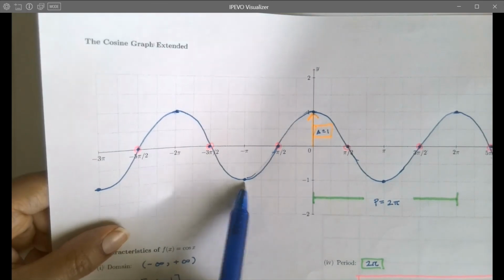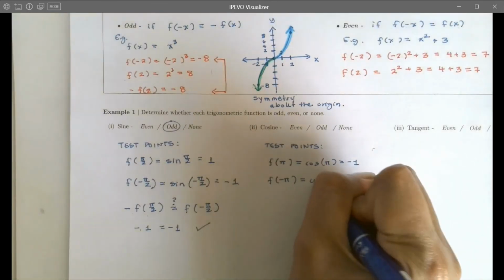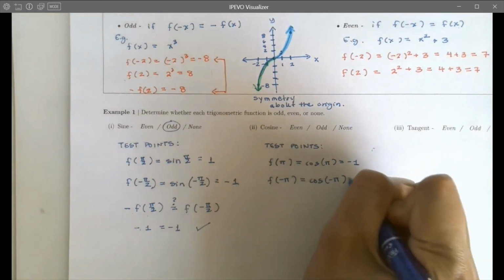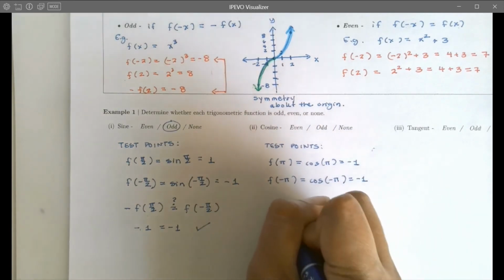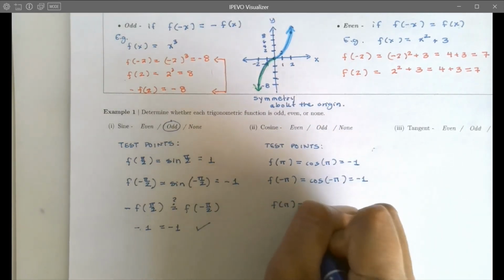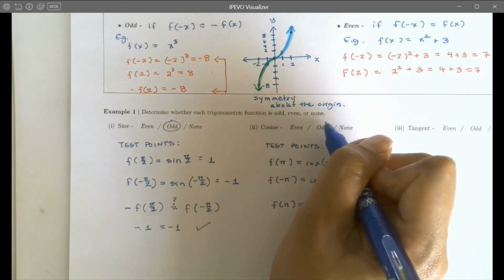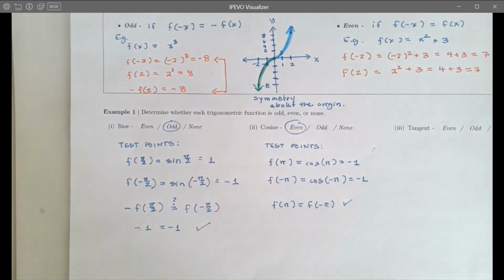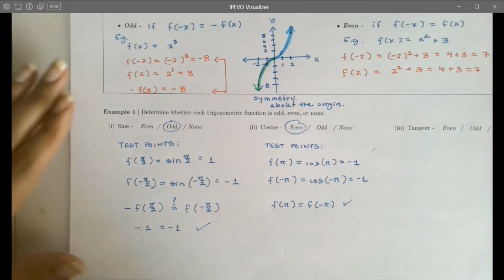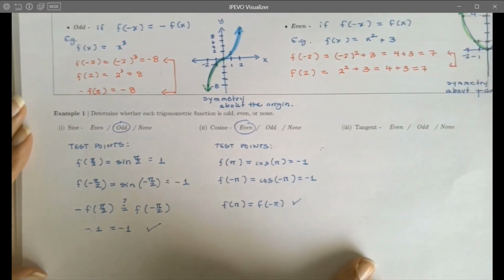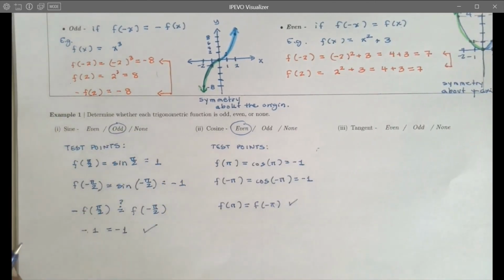It also gives us negative 1. Okay. So in this case, f of pi indeed equals f of negative pi. So again, it doesn't prove it, but it confirms to us that cosine is an even function. And we're going to consider one last graph, which is tangent.